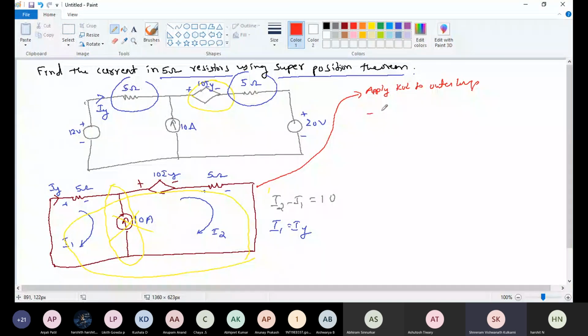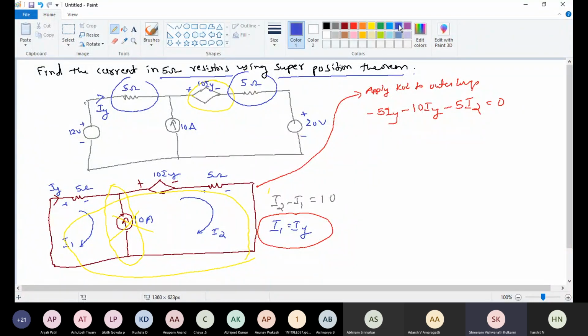Minus 5 IY or I1? I1 is equal to IY. Okay, first I will write minus 5 IY, then this one minus 10 IY, then minus 5 I2 is equal to 0.